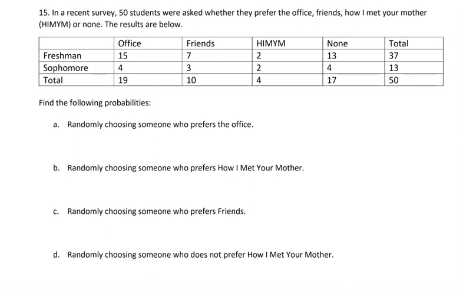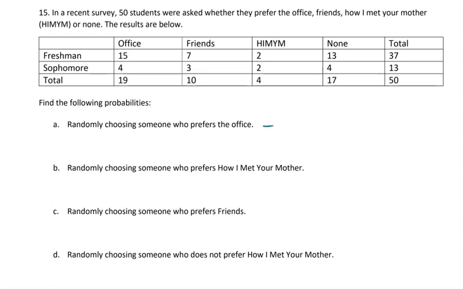All right, another table. So in a recent survey, 50 students were asked whether they preferred The Office, Friends, How I Met Your Mother, or none of those. The results are below. So we're going to find the following probabilities. First, randomly choosing someone who prefers The Office.